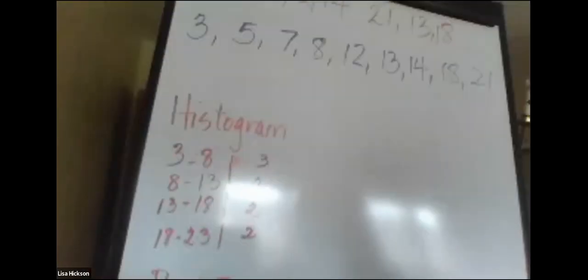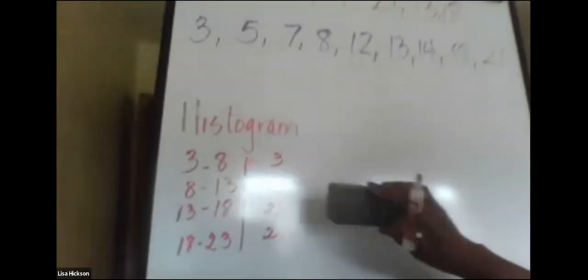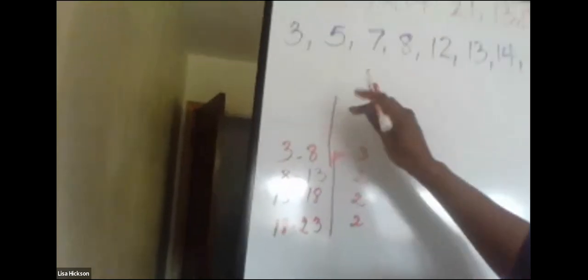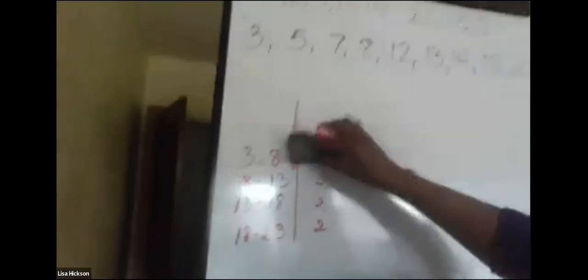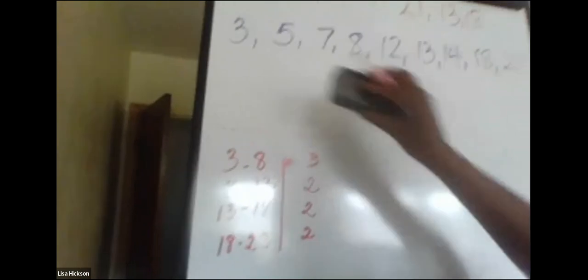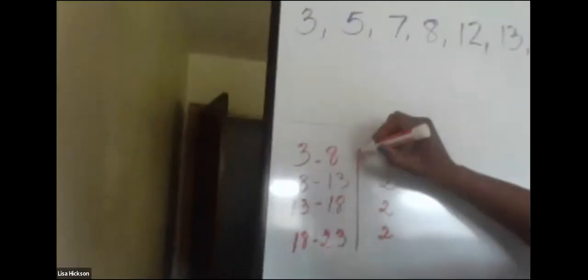Can you all see this board? Yes. Okay. All right, so we're going to straighten this out. So here are the bins. And again, my bins are 5 units apart.